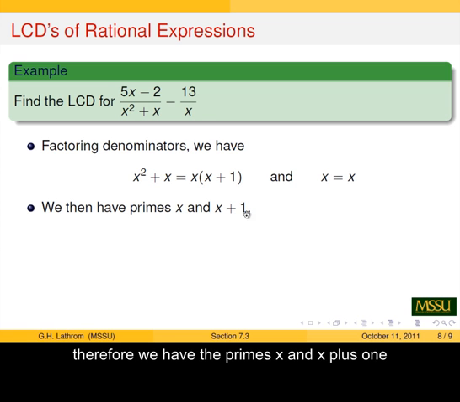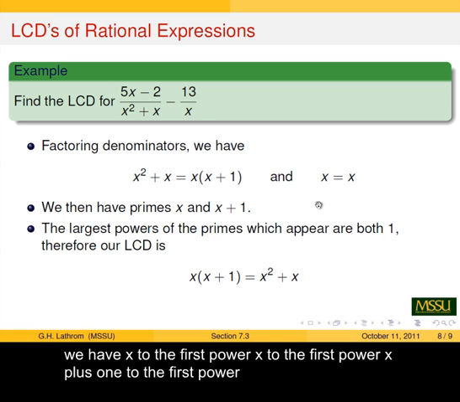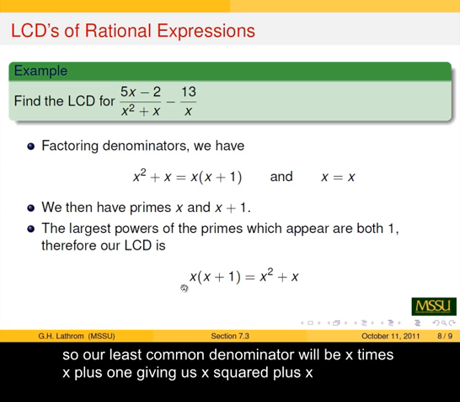Therefore, we have the primes x and x plus 1. Our least common denominator, the largest power of either of both primes, is 1. We have x to the first power, x plus 1 to the first power. So our least common denominator will be x times x plus 1, giving us x squared plus x.